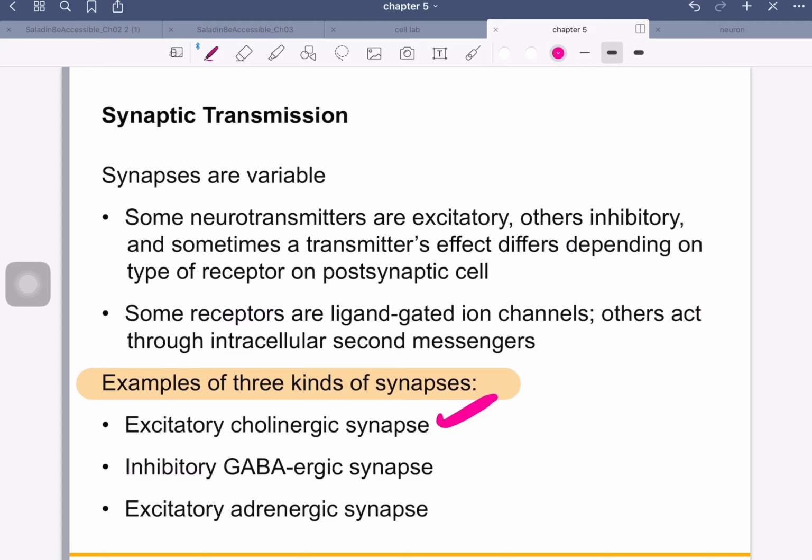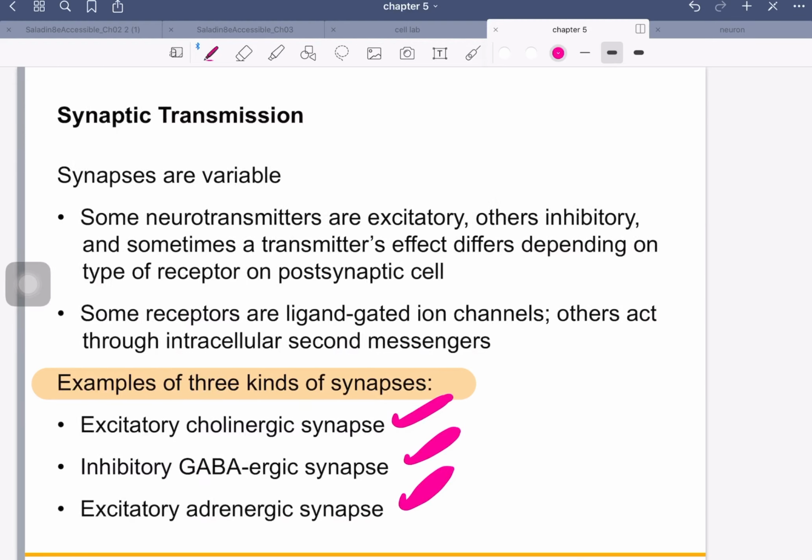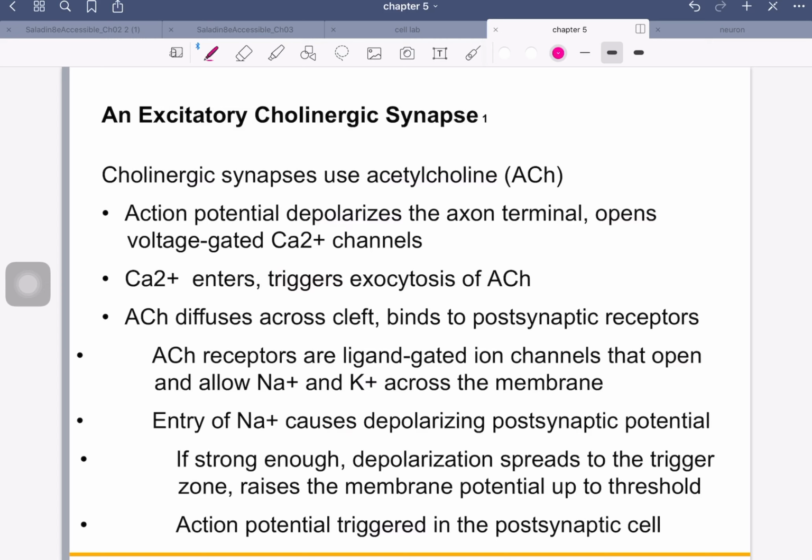And we also have the excitatory adrenergic synapses. So we have three types: excitatory cholinergic, inhibitory GABAergic, and excitatory adrenergic synapses. Now, the cholinergic synapses, not surprisingly, use acetylcholine.